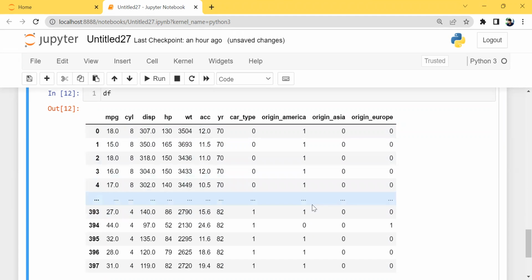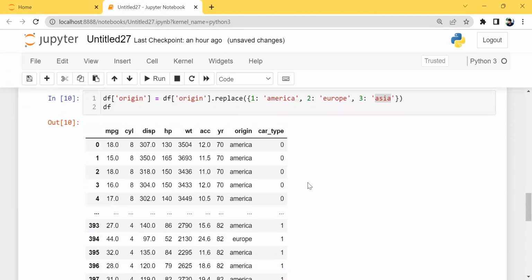I'll explain. See, what is the value of origin for the index 0? It is America, right?